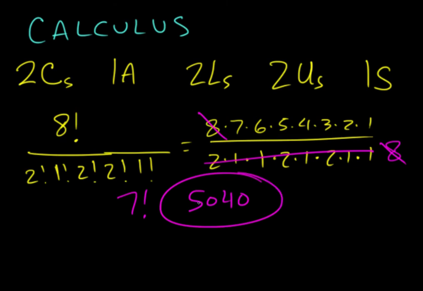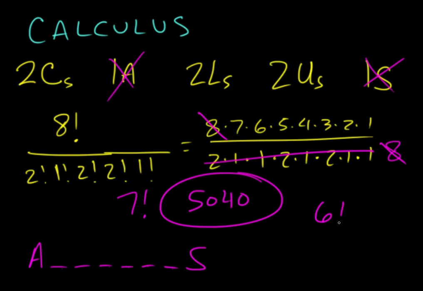Okay, now what happens if we start with an A and end with an S? So A, 1, 2, 3, 4, 5, 6, and then end with an S. Well, essentially we're taking out the A and the S from the equation, and we just have a 1, 2, 3, 4, 5, 6.